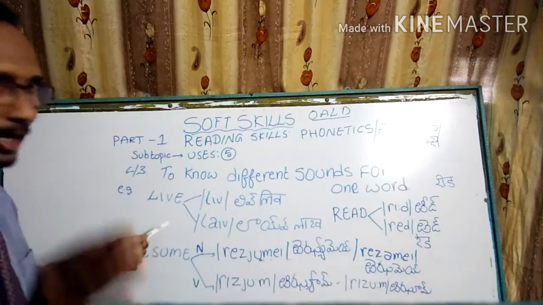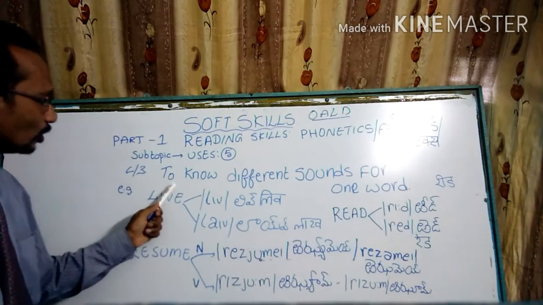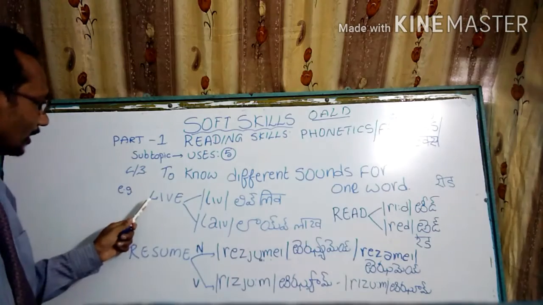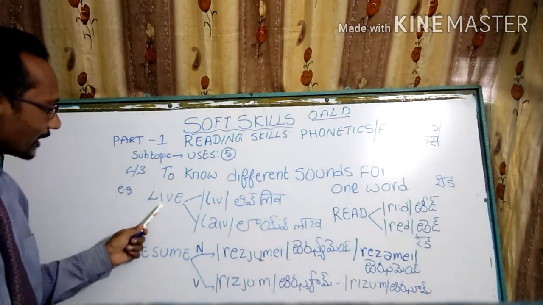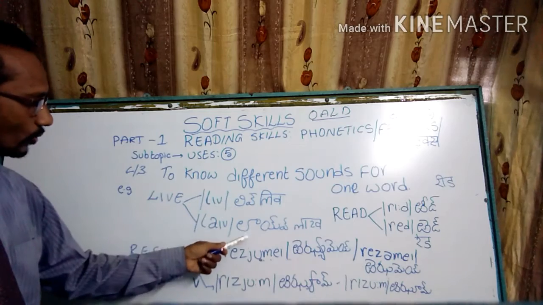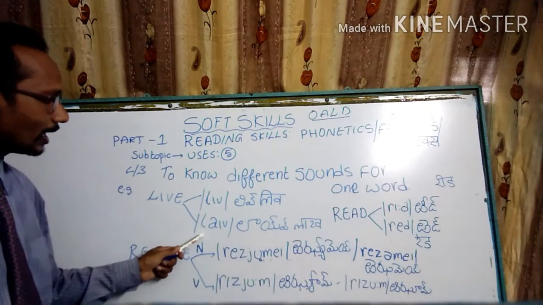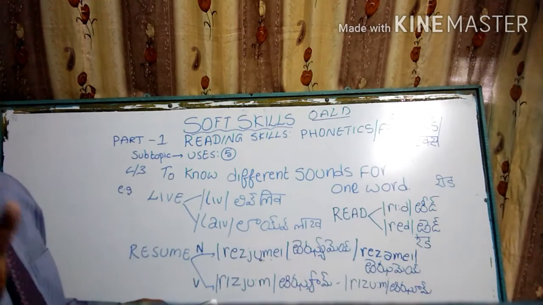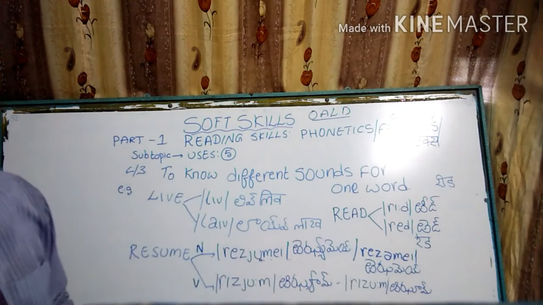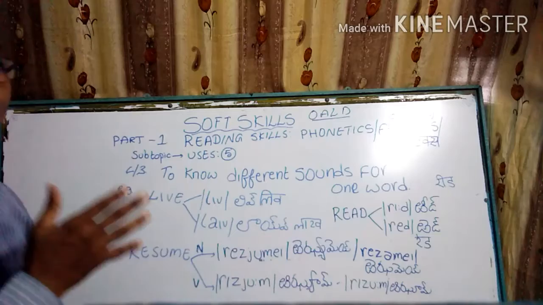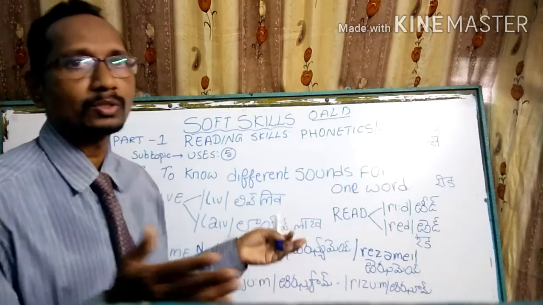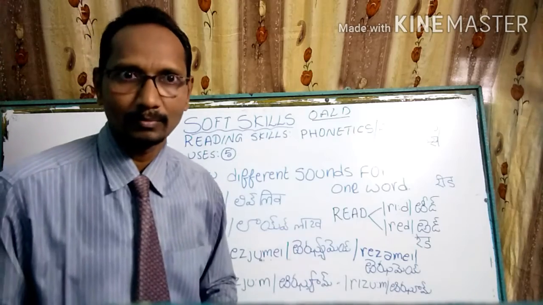So my dear students, coming to the examples of knowing different sounds for one word. Here, live. This word can be pronounced in two ways, live or live. So live in the sense of I live at Atmakuru, I live at Golapudi, I live at so-and-so village area, we can say.